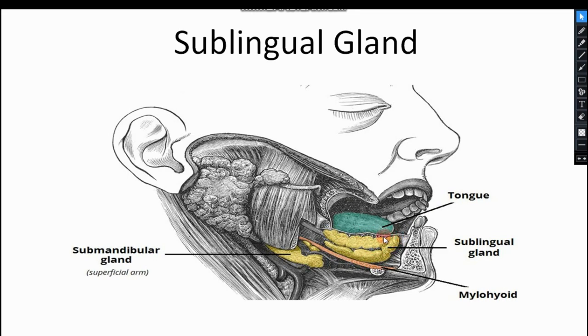When we see its relations, this is the anterior aspect and this is the posterior aspect, this is the superior surface and this one is the inferior. The anterior aspect faces toward the symphysis menti. You know the mandible, when you see it anteriorly, is converging.